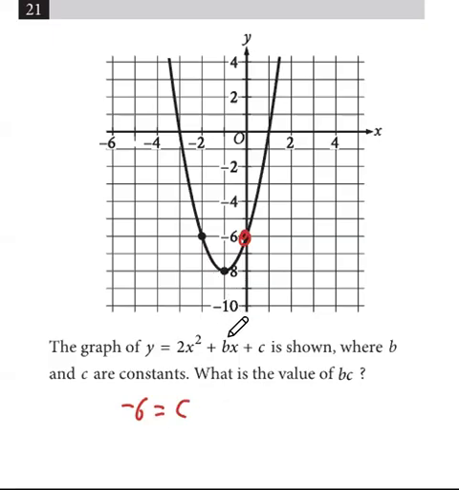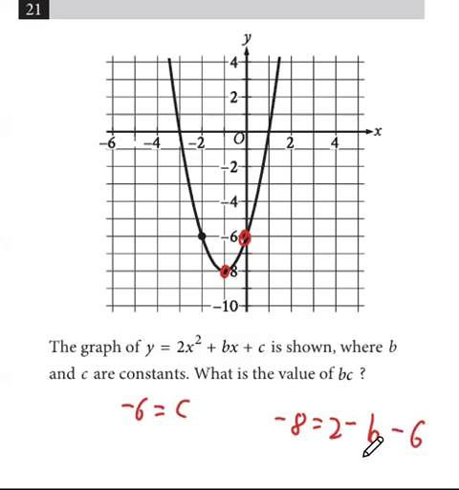So I think we should use this point. So in this case, we'd have y equals negative 8 when x is negative 1. So negative 1 squared is just positive 1. So negative 8 equals 2, we have minus b because x is negative 1. So negative 1 makes this minus. And then we have negative 6 for c.